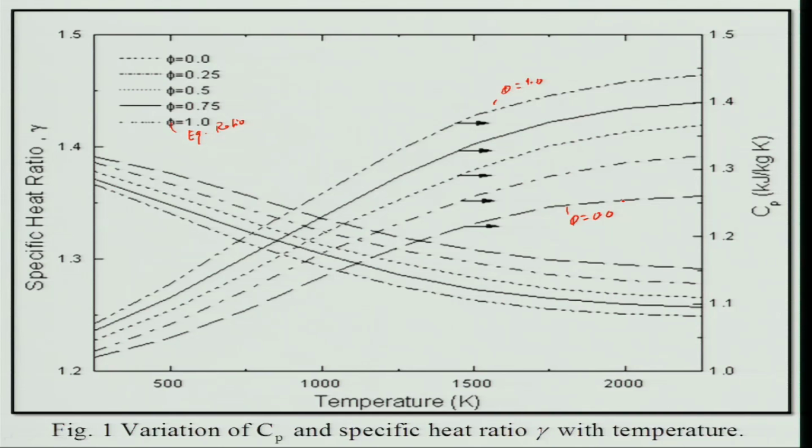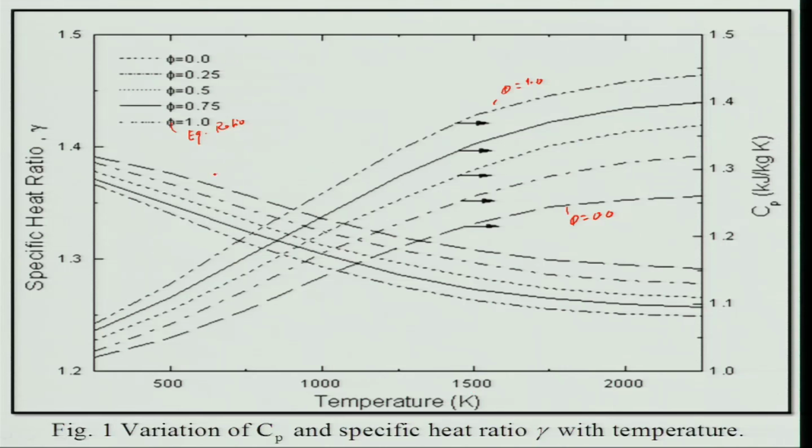Whereas the specific heat ratio gamma, that is Cp by Cv, is decreasing with respect to temperature for all equivalence ratios.